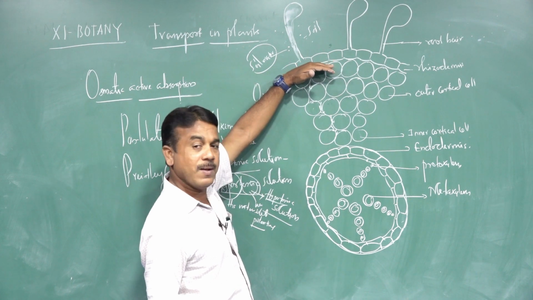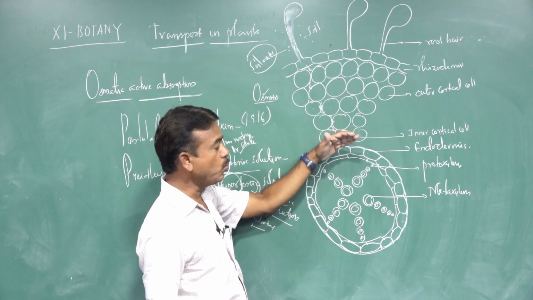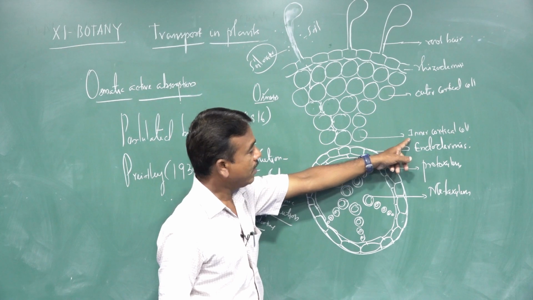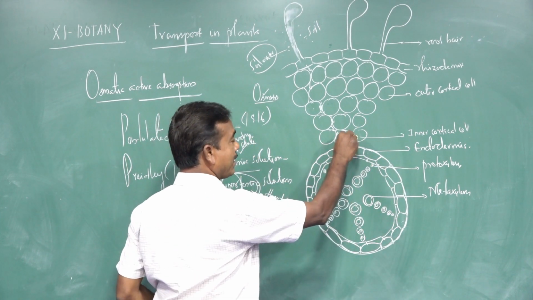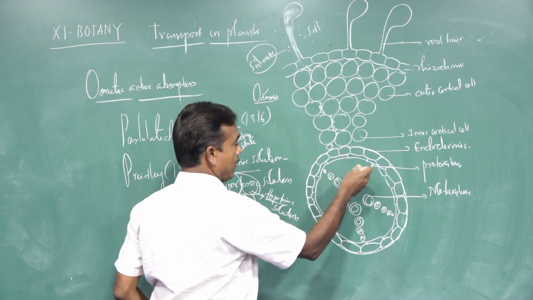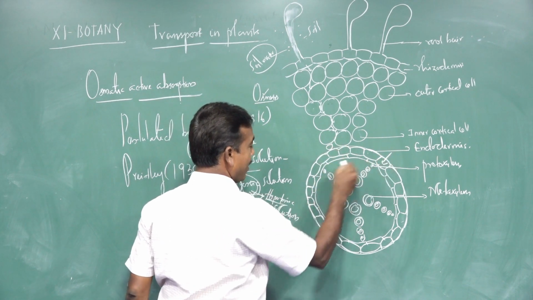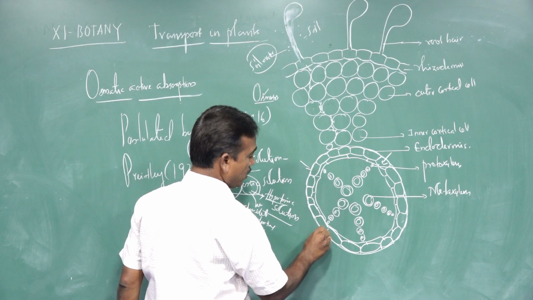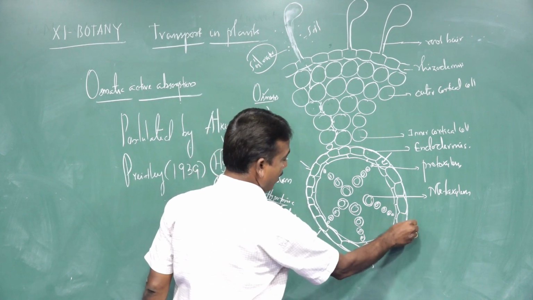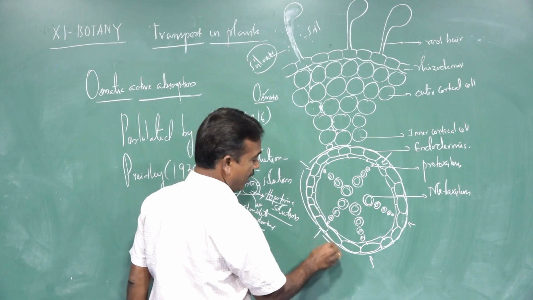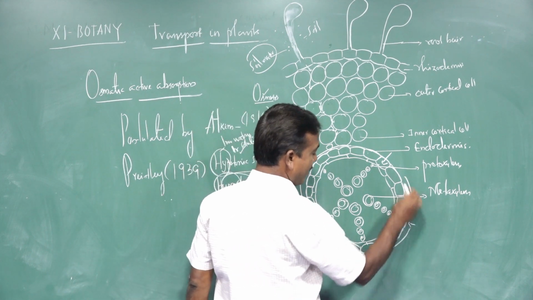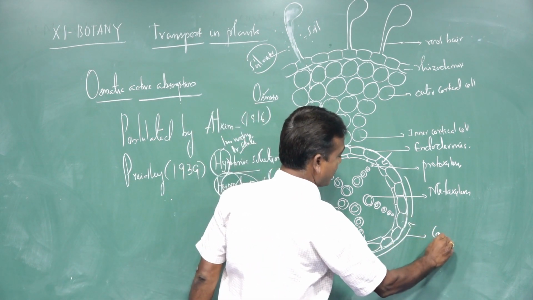In the same way, the water molecule moves to the inner cortical cell, and then it can enter the endodermis only opposite the protoxylem, because other than there, the endodermal cells contain Casparian strips.